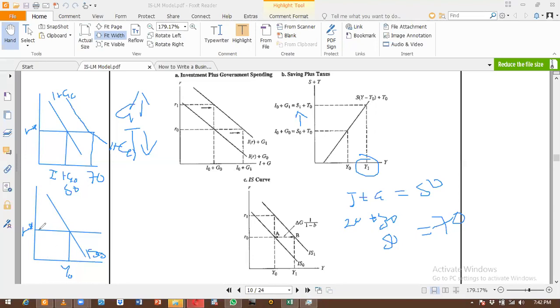But now the interest rate is still constant, yet there is an increase in Y resulting from the increase in G, which means that we need to draw a new IS curve. So the increase in G is causing what? A positive shift in the IS curve. Is that okay? Yes, please. Thank you. Any other question?